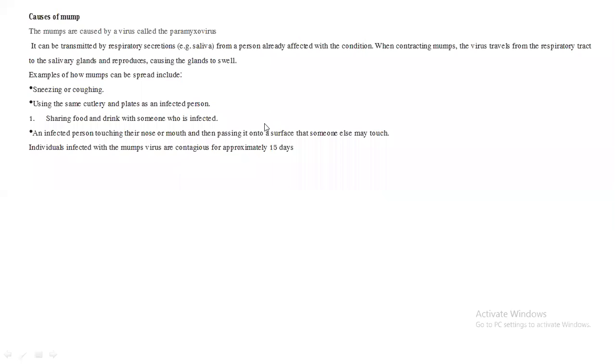Causes of mumps. Mumps is caused by a virus called the paramyxovirus. It can be transmitted by respiratory secretions, for example saliva, from a person already affected with the condition. When contracting mumps, the virus travels from the respiratory tract to the salivary glands and reproduces, causing the glands to swell.